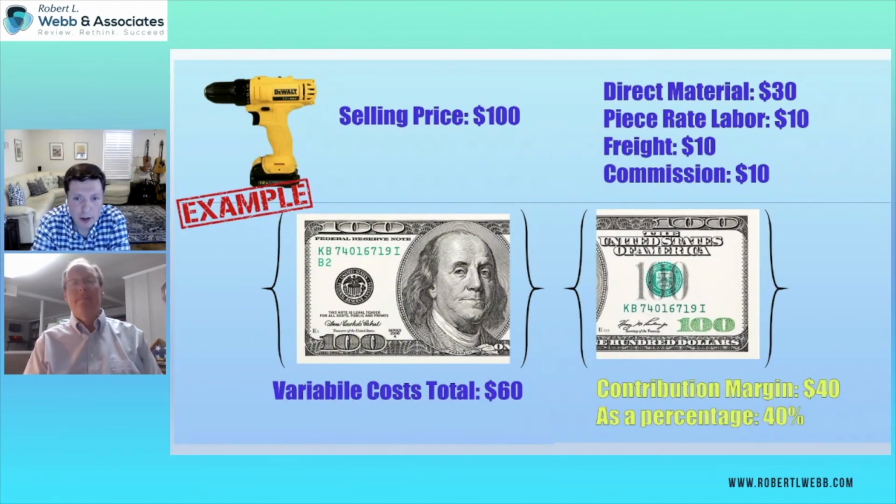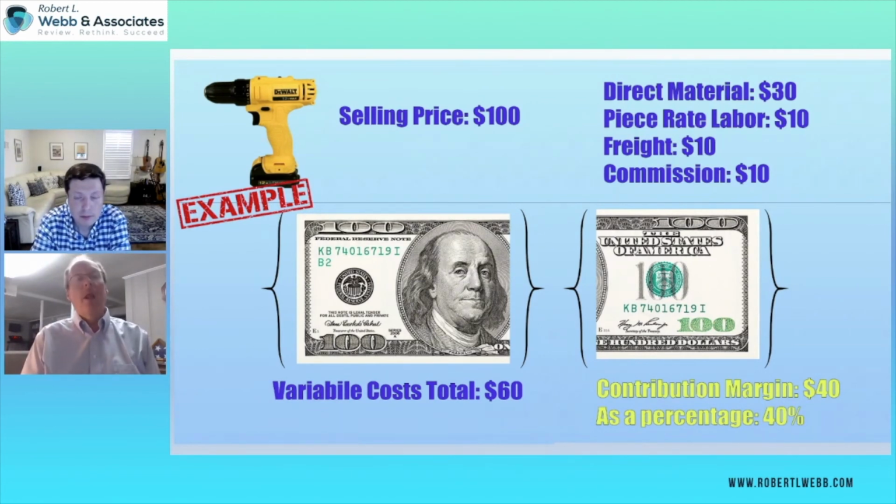So the variable cost is $60. We sold it for $100. So $100, that's our sell price, that's our revenue, minus our variable cost of $60, gives us a contribution margin of $40. And, to make the math easy here, we've used $100, so that's also a 40% contribution margin. Yes, and that would be pretty typical in this kind of industry as well.